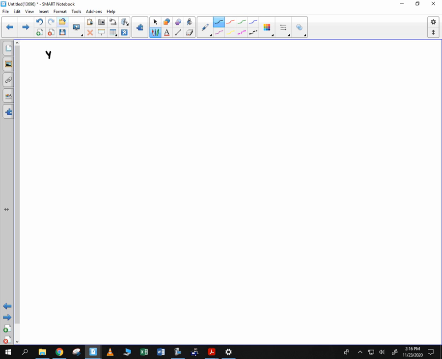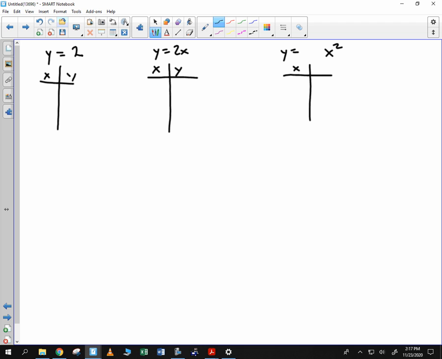If we were to look at a few functions, say y is equal to 2, y is equal to 2x, y is equal to x squared, and we look at some xy tables here. Notice in this situation, it doesn't matter what x is, 0, 1, 2, 3, your y value is 2 all the time.